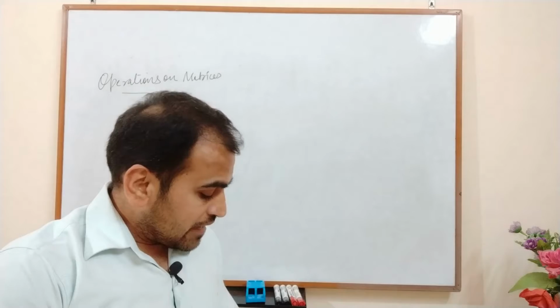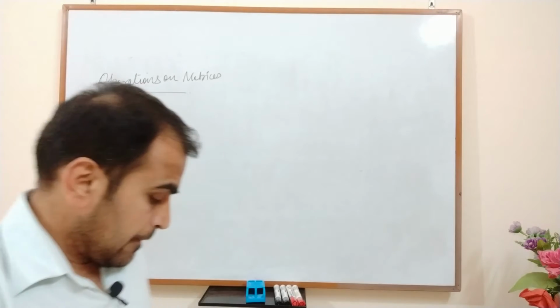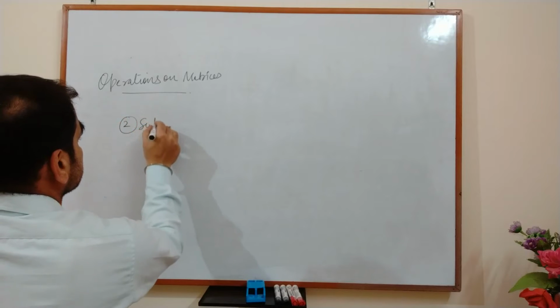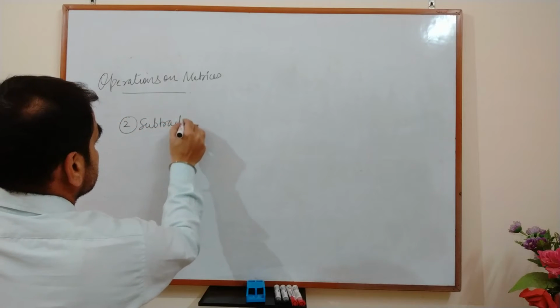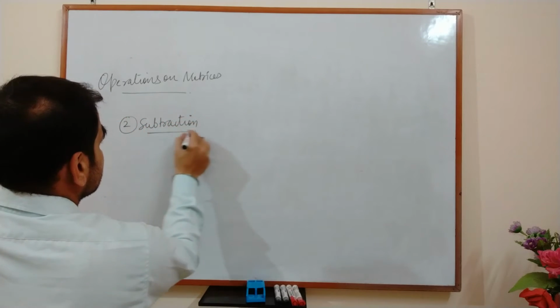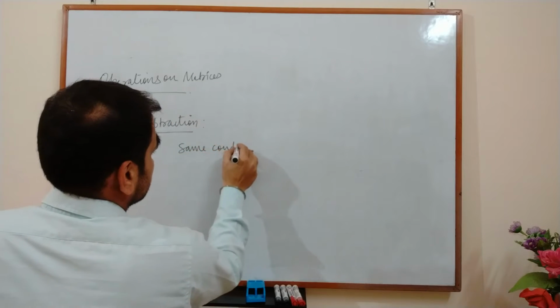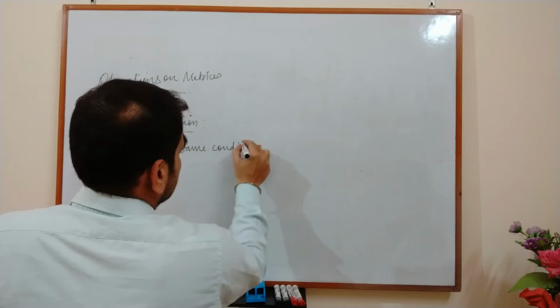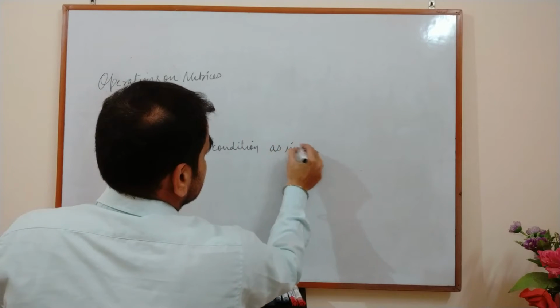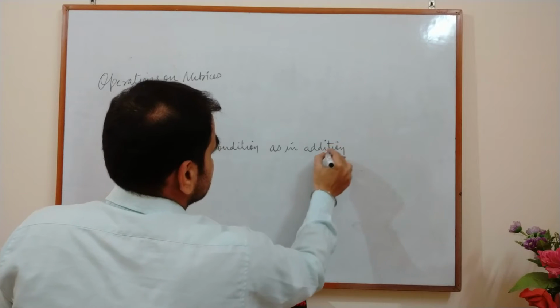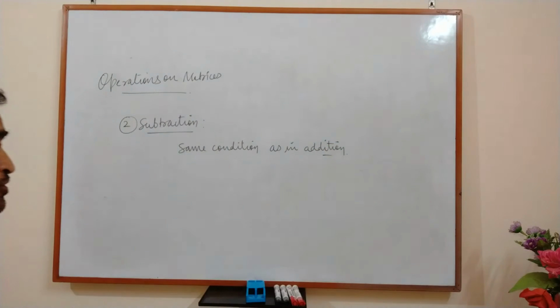The next operation we have is subtraction. How to subtract? The same condition as in addition applies, meaning we should have the same number of rows and columns.